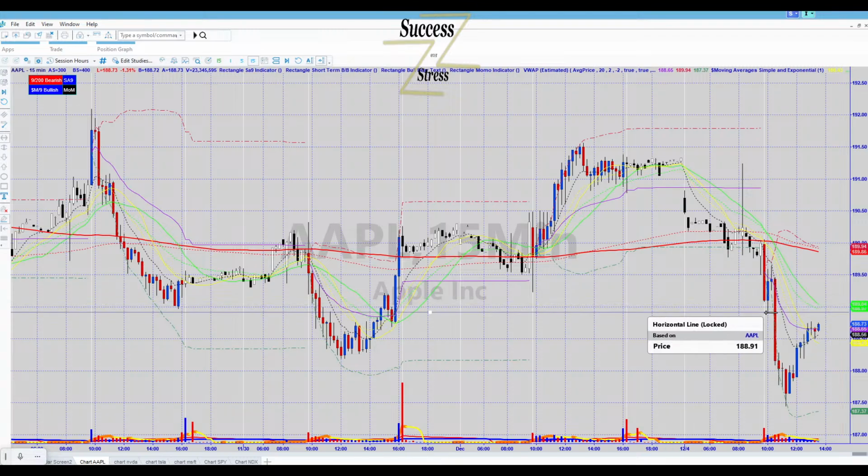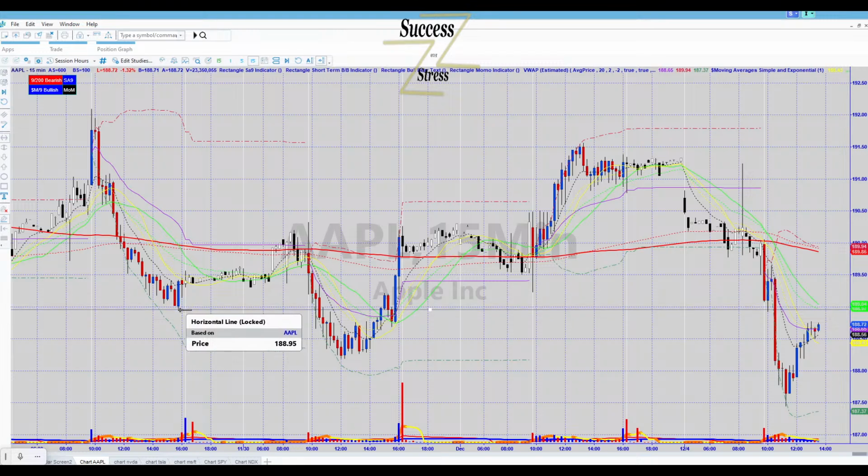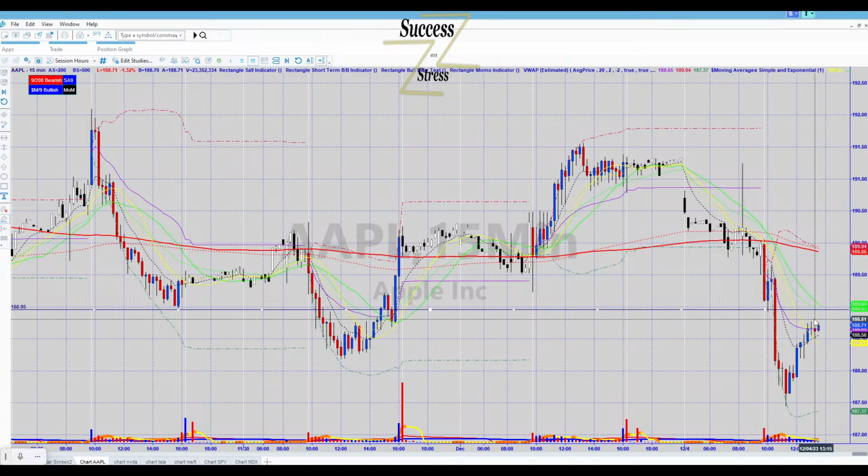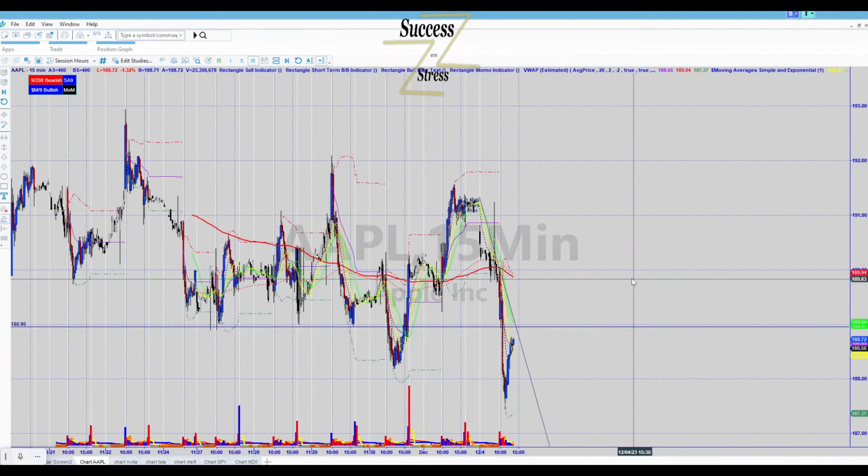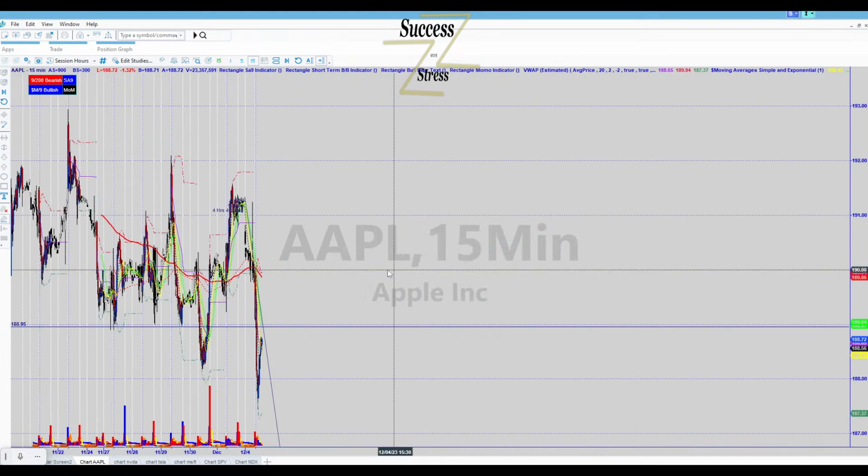So at the bottom of this wick, at the bottom of this move here, something like that. So Apple does have some trouble to continue moving straight overhead, and again, it's generally still, at least in the short term, downtrend, and maybe even a longer term downtrend, right?